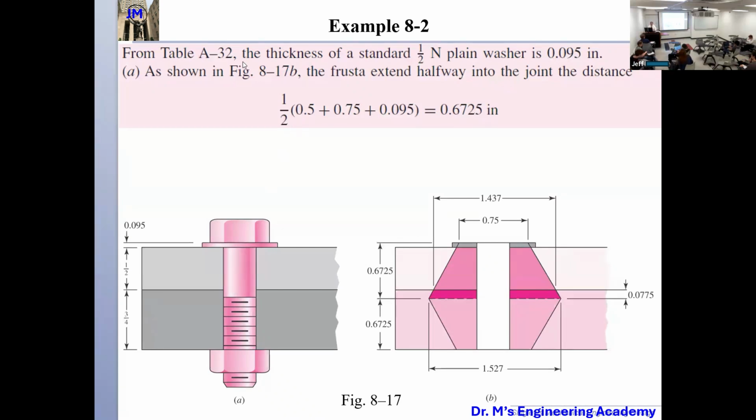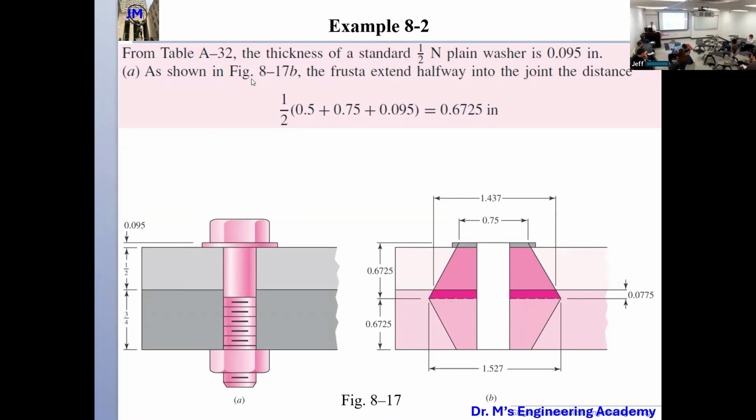And so here, the thickness, you can just get from a table. If I test your understanding, I will not bother you guys to get the table, and the thickness of the washer is given.